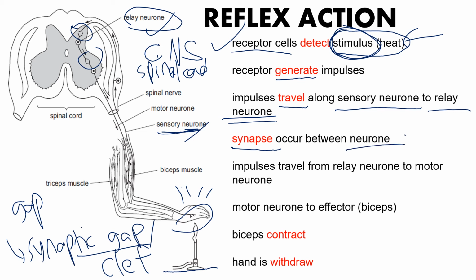The impulse arrives at the relay neuron, and then the relay neuron will generate a new impulse, which will pass through the motor neuron. The impulse will travel from the relay neuron to the motor neuron, and then from the motor neuron to the effector.